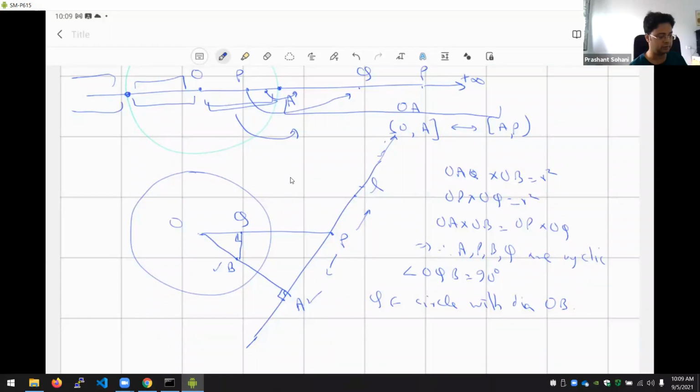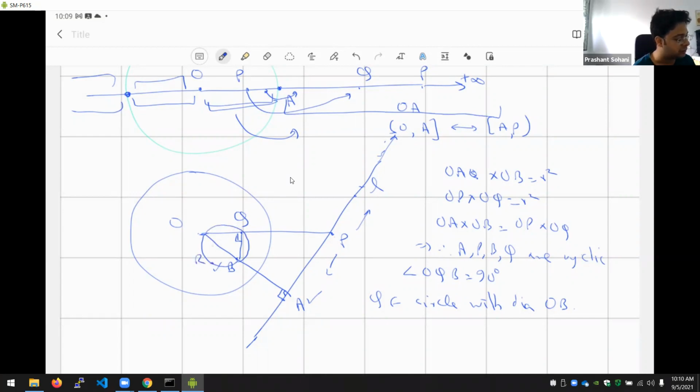Okay. And whenever we talk about locus, it has to be if and only if. So what we have shown is if there is a point P on the line L, its inverse lies on the circle with diameter OB. We also have to show the converse, that suppose I take any point on this circle, like Q. Or rather, let's take another point R over here.